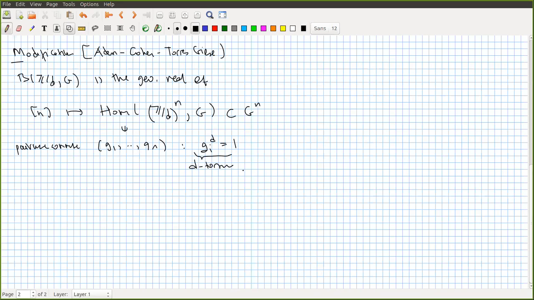So at the end, using the same face and degeneracy maps, we obtain a space. We can replace Z/d with Z, and in this case, we obtain the classifying space for commutativity.